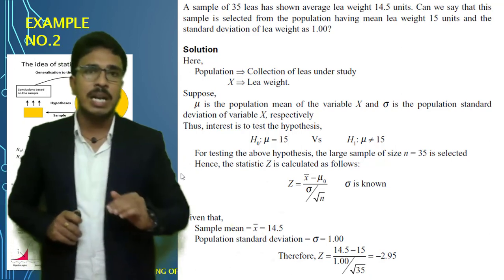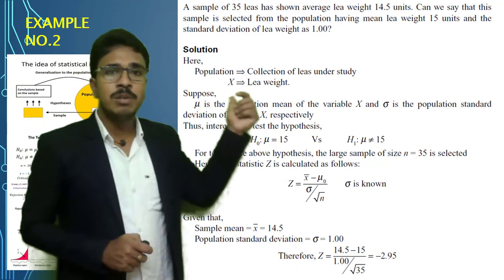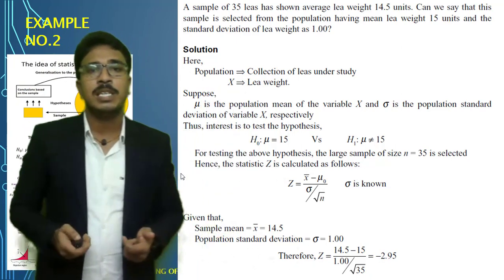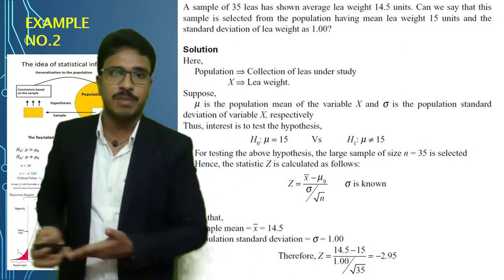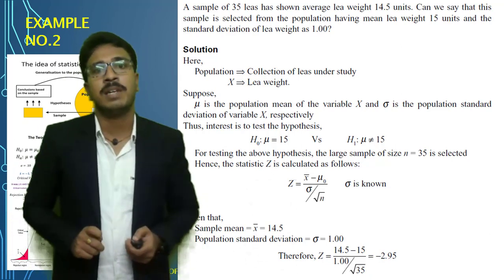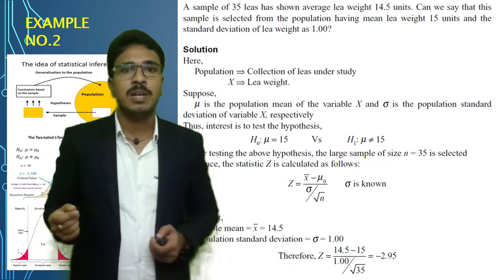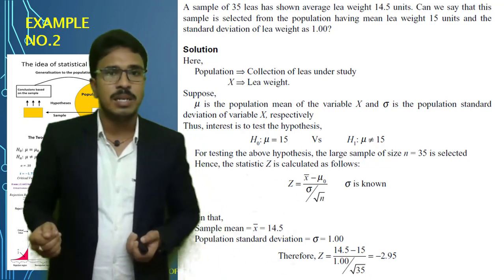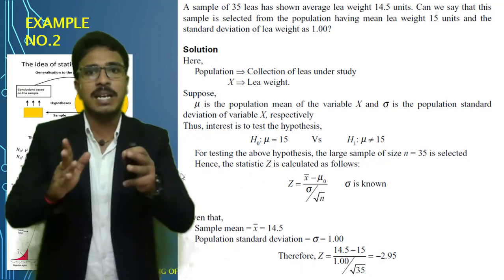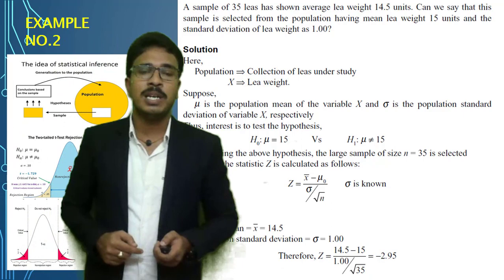Now we set our null hypothesis, H naught: mu is equal to 15, and H1: mu is not equal to 15. Here the population standard deviation is given, that is 1. So we can use x bar minus mu naught divided by sigma by root n. All the values are given and straight away we can find this z value, that is minus 2.95.